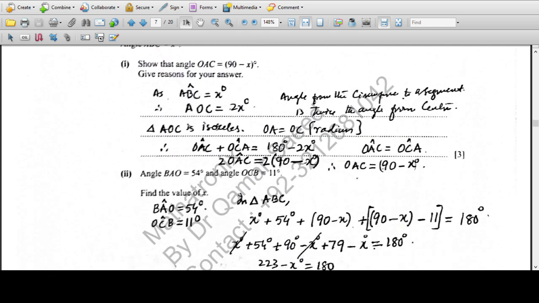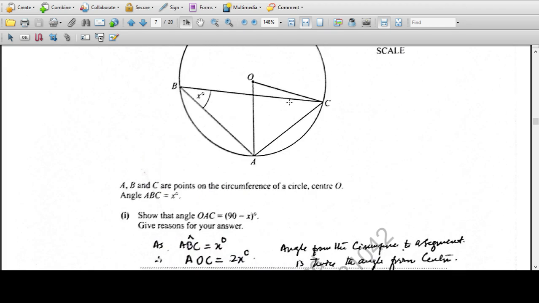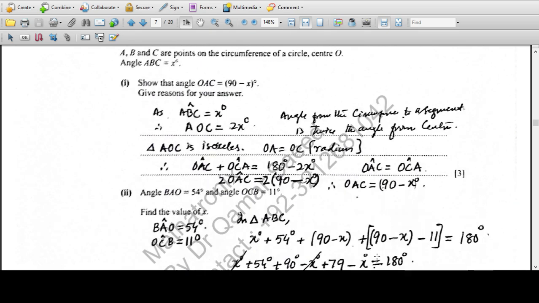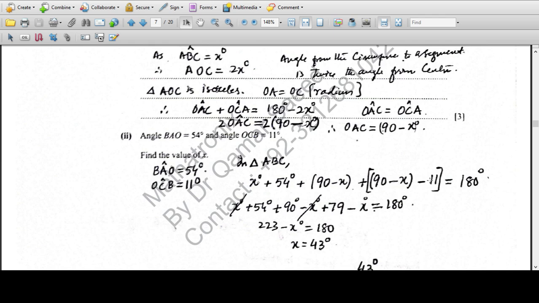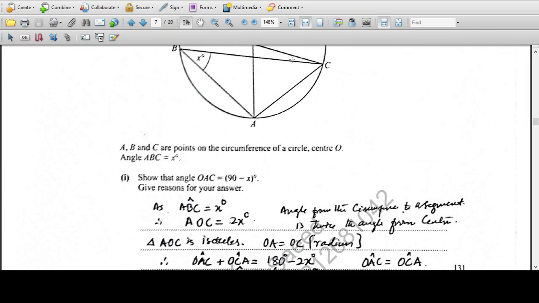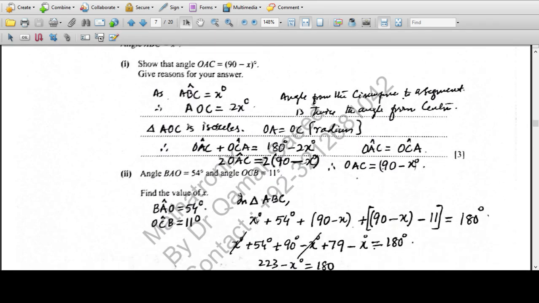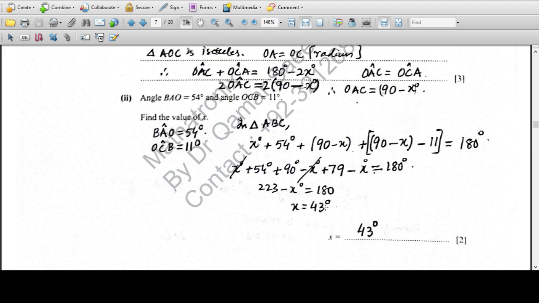So ACB is basically 90 minus x minus this 11 degree. So from this relation in triangle ABC, the value of x is obtained as 43 degree.